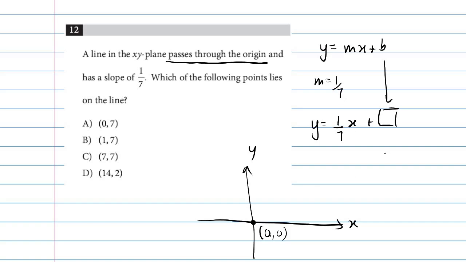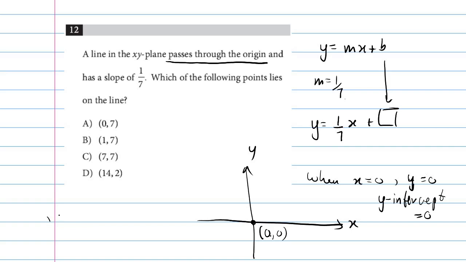So what does this mean actually? When x is equal to 0, y is also 0, right? So in a sense, this is saying that the y-intercept is 0. How do you find the y-intercept? The y-intercept is when x is equal to 0.